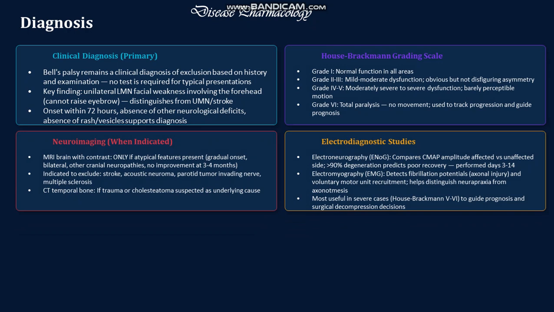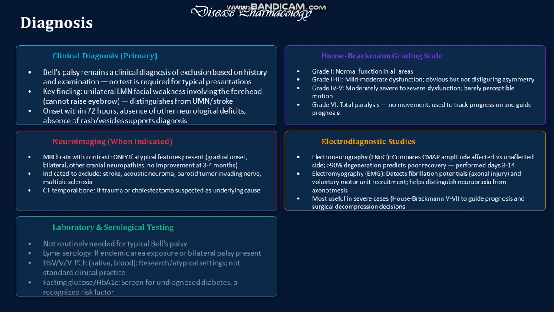Electrodiagnostic studies, ENoG, are most useful in severe cases, House-Brackmann 5 to 6, to guide prognosis and surgical decompression decision. Laboratory and serological testing for herpes simplex virus, varicella zoster, and any other viruses that are involved in the development of Bell's palsy.